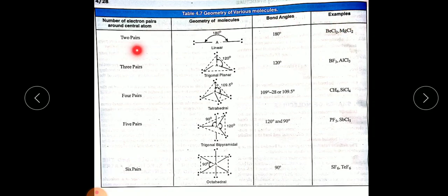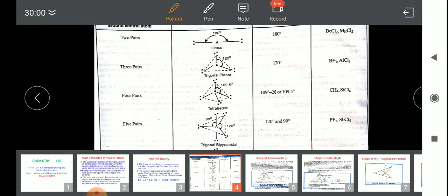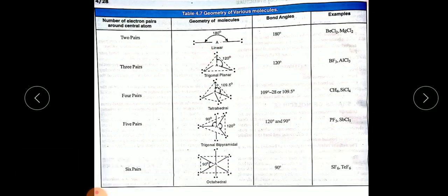When you have two pairs, the structure will be linear, a straight line, and the bond angle will be 180 degrees. Such a structure you can find in beryllium chloride, BeCl2, and MgCl2.